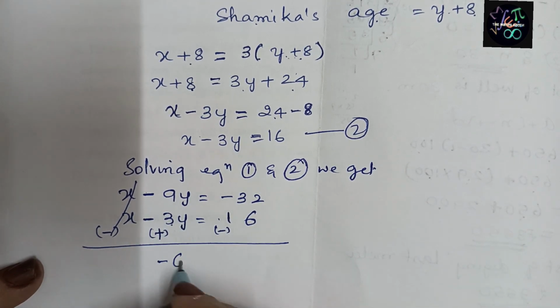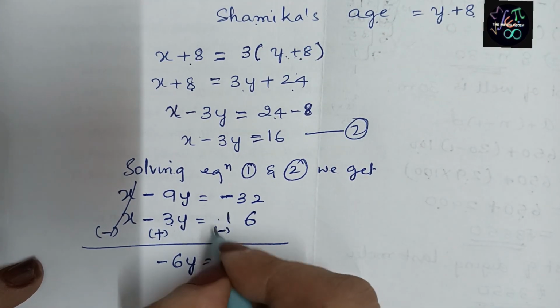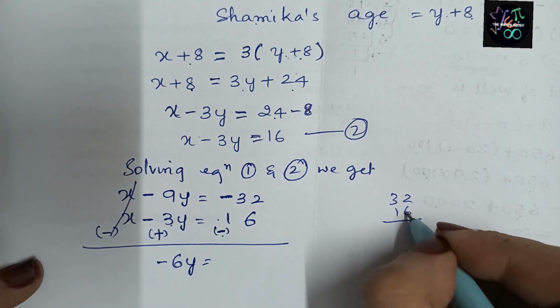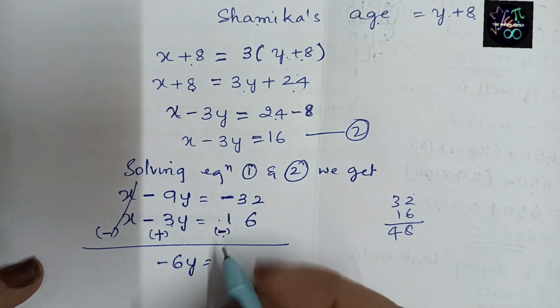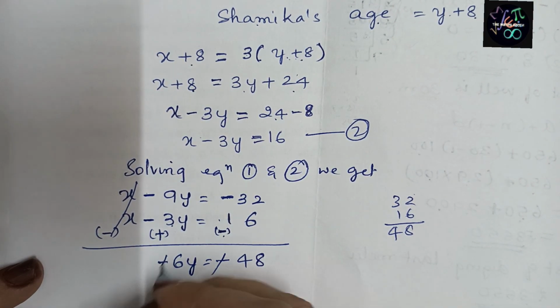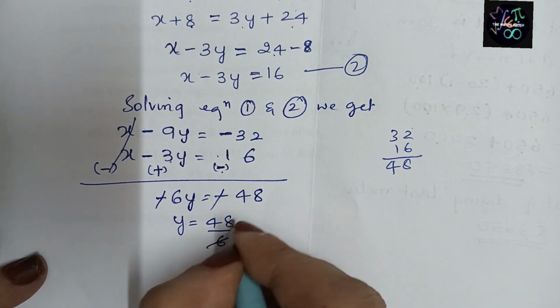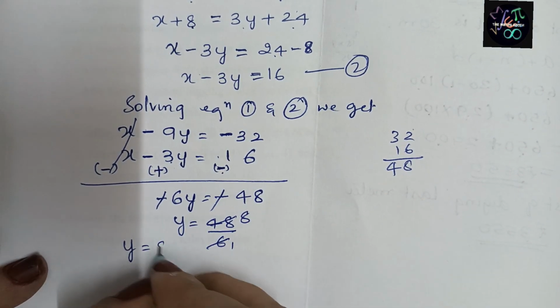Bigger number sign, minus 6y. Both minus means we should do plus. So 36 plus 32 plus 16. 6, 7, 8, 48. But the sign is minus: minus 48. Minus minus got cancelled. y is equal to 48 by 6. 6 ones are 6, 6 eights are 48. So the y value we got is 8.